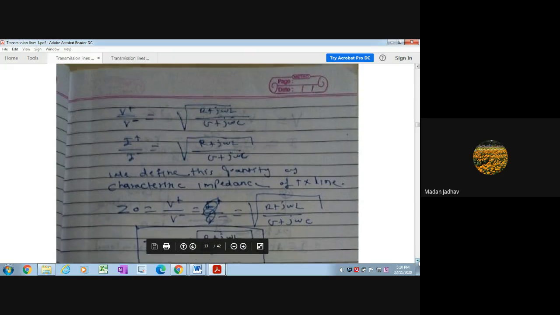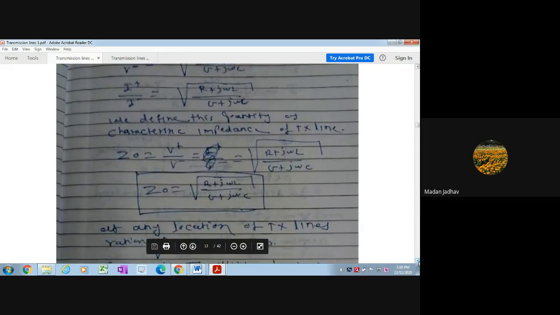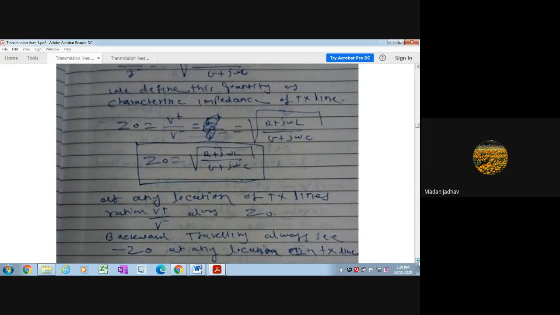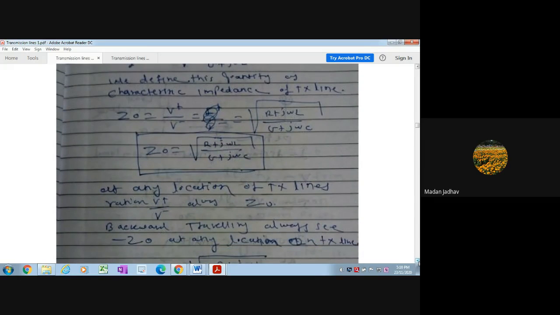Now this is the equation for the characteristic impedance. At any location of the transmission line you will get the characteristic impedance Z naught.